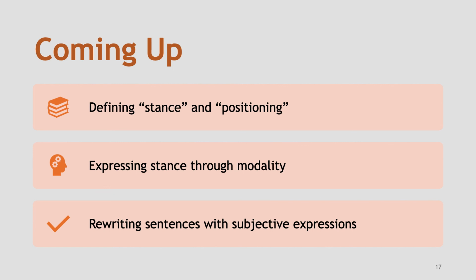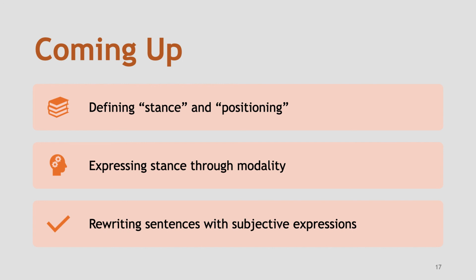So far in this tutorial, we talked about the structure and a general overview of the language features that we can use for argumentative essays. Starting from next week, I'll start talking about stance, how you are expressing your stance. First, I'll talk about what stance and positioning is, and then we'll talk about expressing stance mainly through modality.